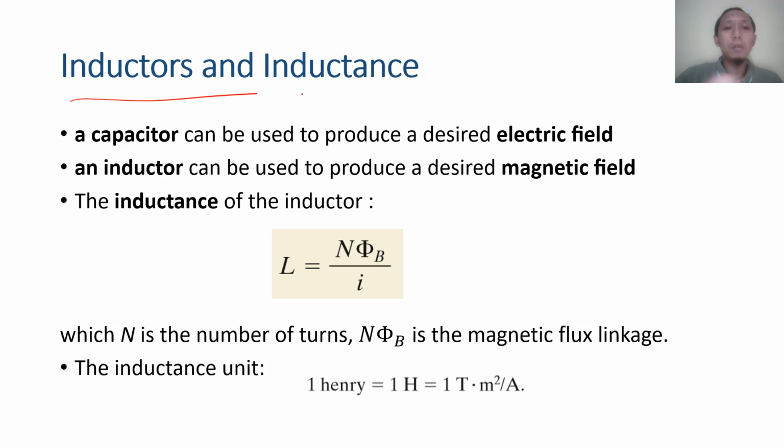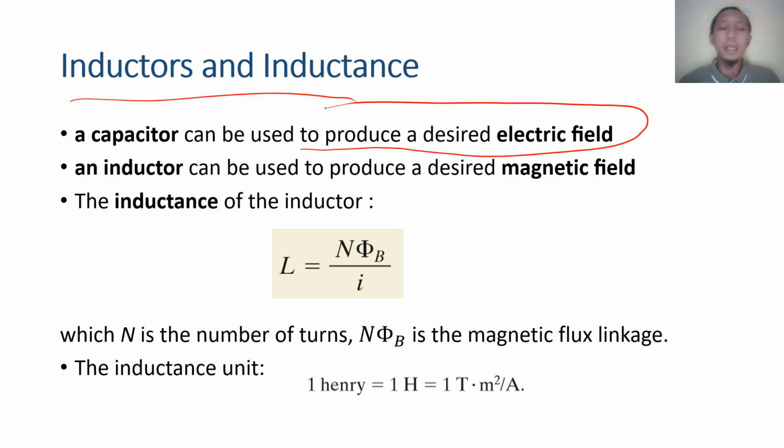We will now discuss the inductor and inductance. A capacitor can store a charge and can produce the desired electric fields. An inductor can produce the magnetic field and can store energy in a magnetic field.